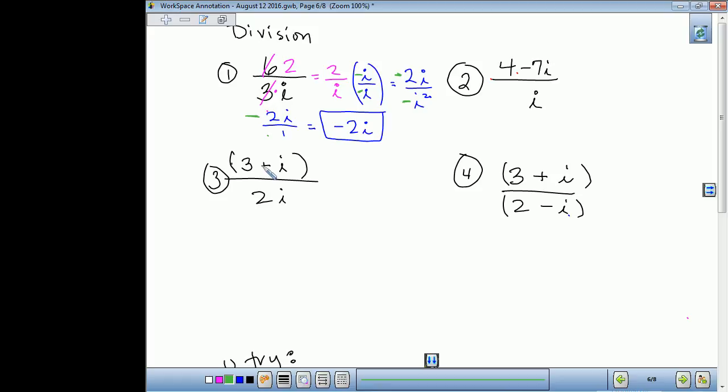So that's a quicker way to do it because it keeps the negative out of the denominator. But you would always get the same answer. You can do it either way. So on this one, let's try that quicker way. Instead of multiplying by i, let's multiply by -i.